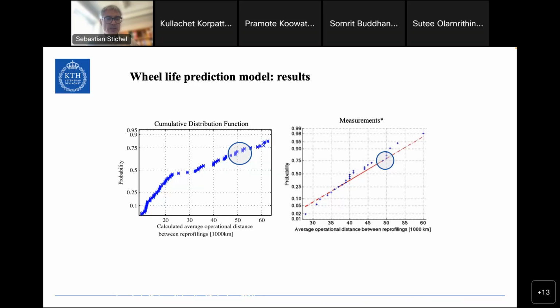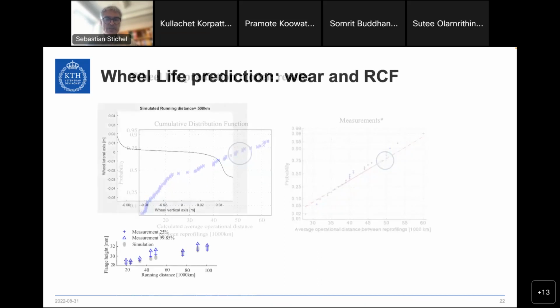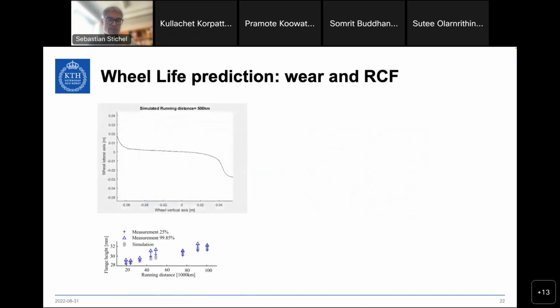So we were really able to predict how many wheel sets of the fleet would need to be reprofiled after a certain distance. And that, of course, will help you with the maintenance planning if you can predict in advance when your wheel sets need to be taken in for maintenance.